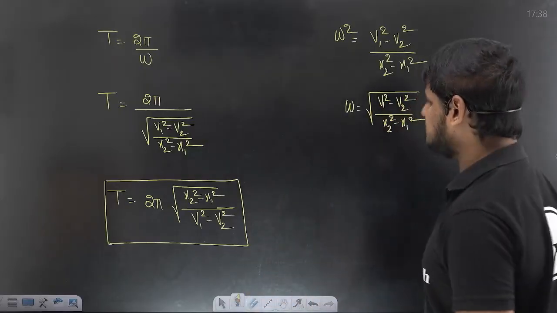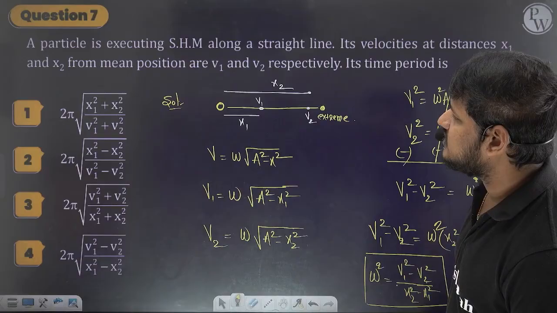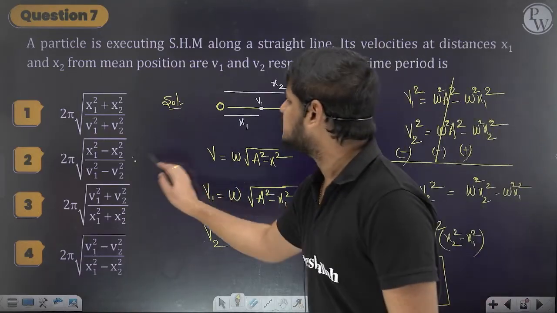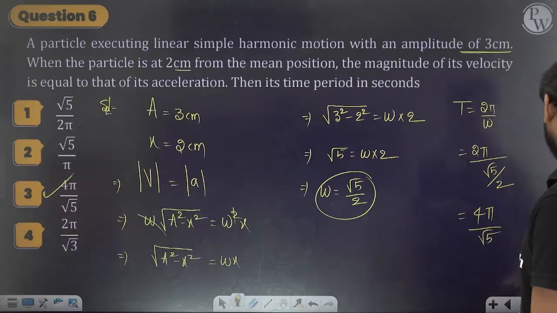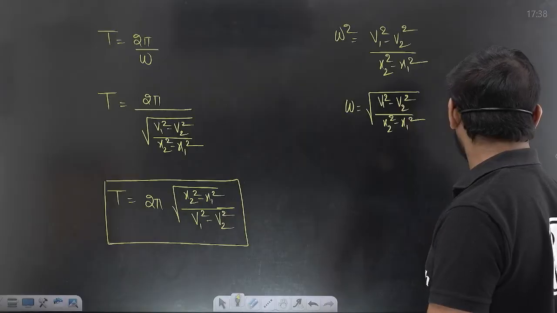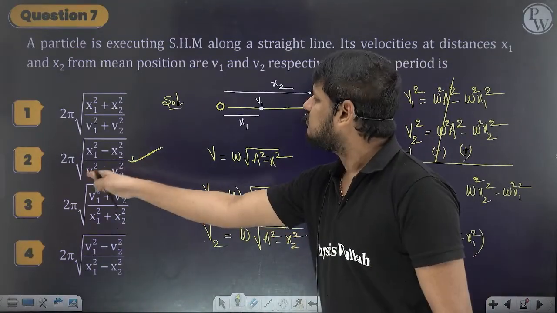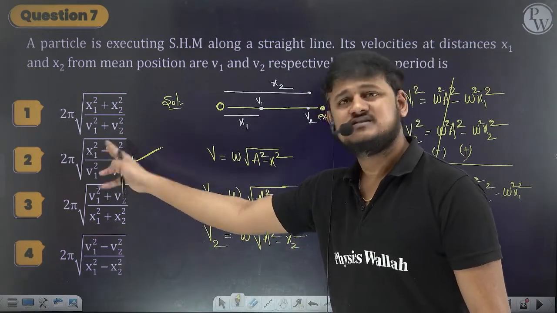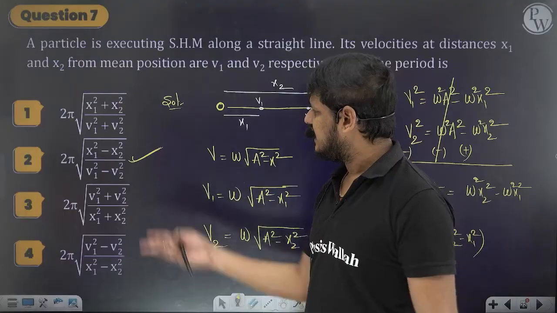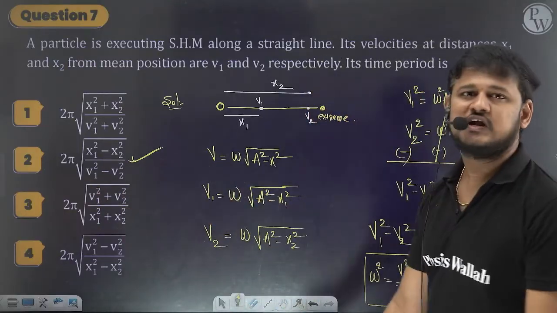So the correct option will be 2 pi into root of x1 square minus x2 square by v1 square minus v2 square. You can write it any way; you can also reverse the terms because we are doing the square, and the value inside the root should not be negative. So option 2 you can take.